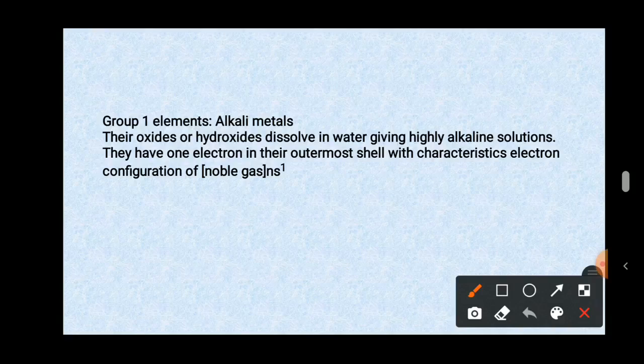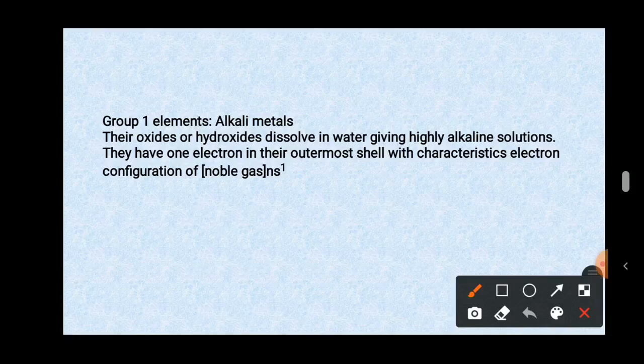Now, why are these group 1 elements called alkali metals? That is a question. Because of their oxides and hydroxides. Suppose I take sodium oxide, lithium oxide or potassium oxide, and in the same way lithium hydroxide, sodium hydroxide or potassium hydroxide. They dissolve in water, giving highly alkaline solutions.